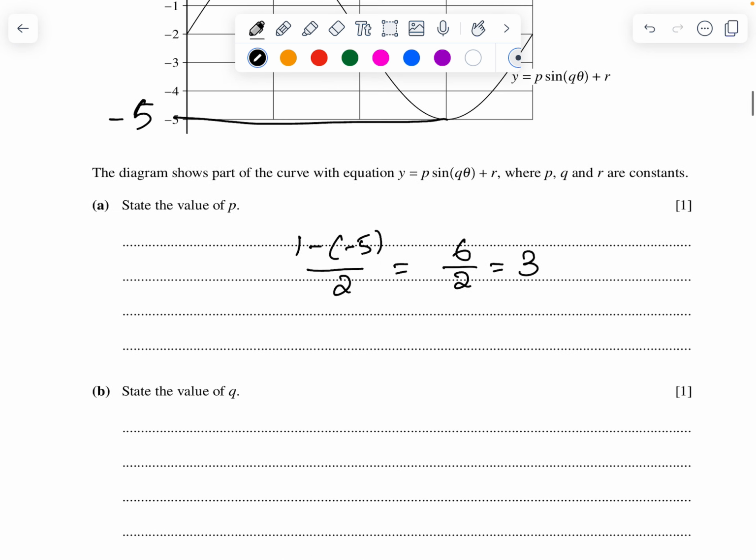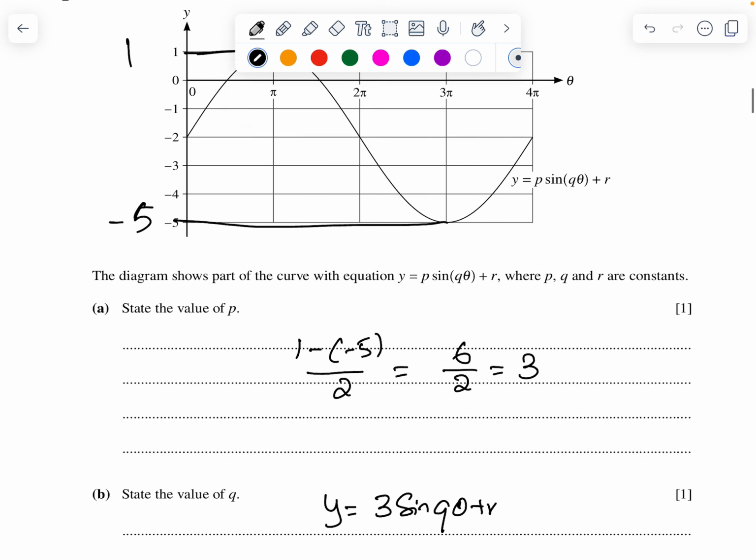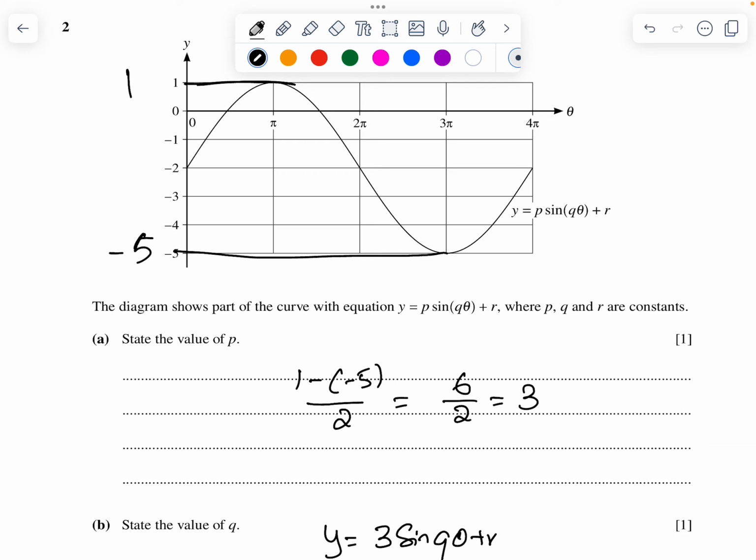Find the value of q. So now I got y equals p sine, p is 3, sine q theta plus r. In order to know q, we should know the period. We can see that the period is going to be nothing but how much? It completes one full cycle in 4 pi, from 0 to 4 pi.